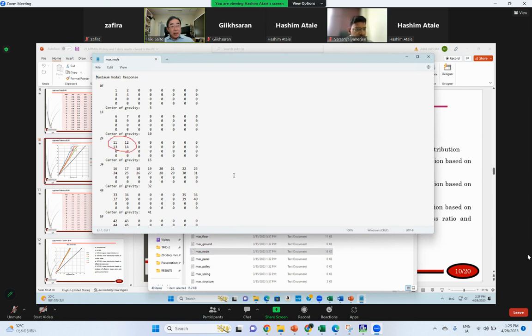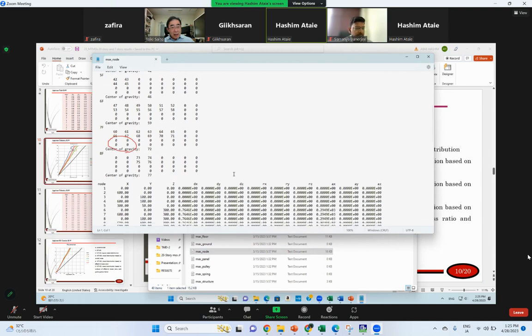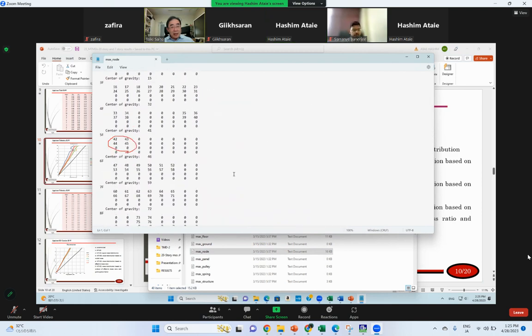Is this a lump mass model? Yeah, maybe. Are you sure? Okay, so this is a PMD. For example, in case of four stories, you have a deformation of PMD and deformation of main building. So if you want to check main building, you should check 33 and 34.